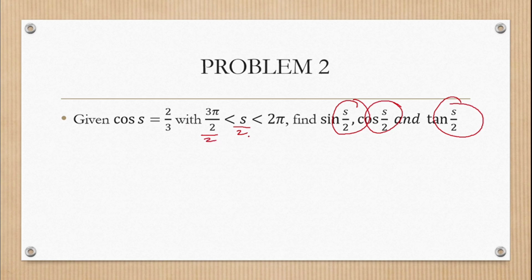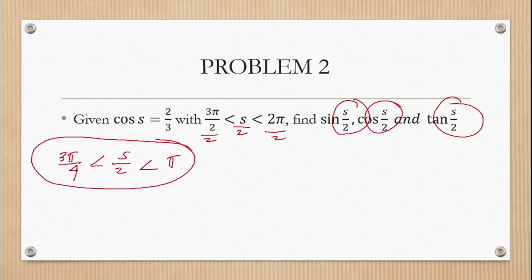This one is divided by 2 and this one is divided by 2. Dividing 3 pi over 2 by 2, take the reciprocal, you have 3 pi over 4, and s over 2 is less than pi.